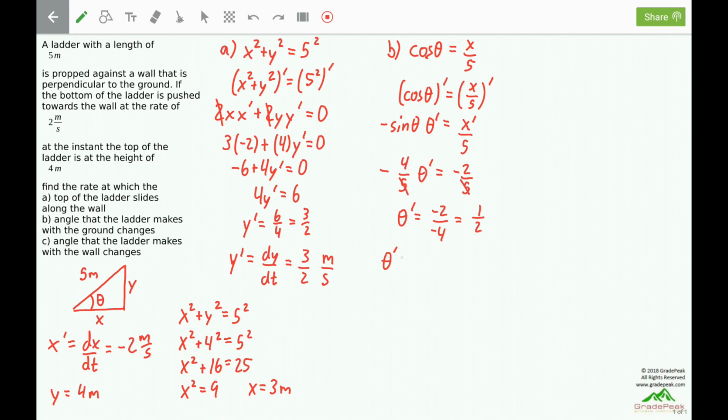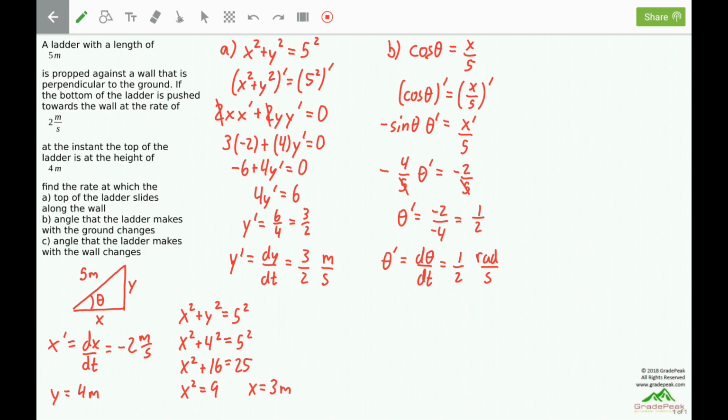So theta prime, or d theta dt, equals 1/2. The units on this are the units of an angle, radians, over time, which are time units in this problem, or seconds, radians per second.